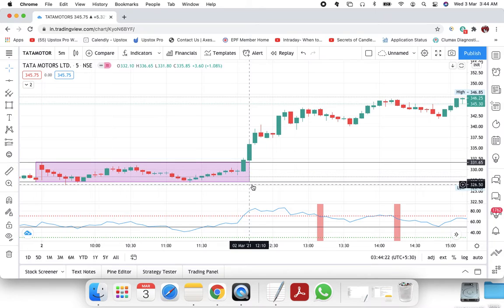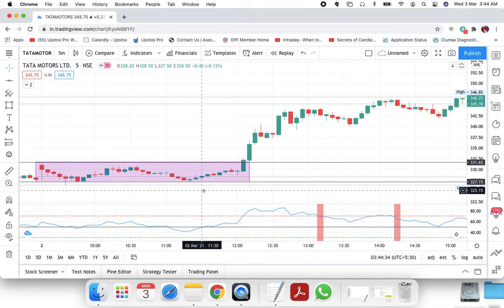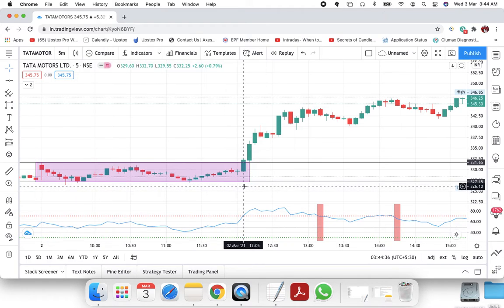or it can be below the range, 326.5. Keep a little bit of buffer, because there is a small wick, you can see it, so you no need to consider it, but it's good to keep 326.5.